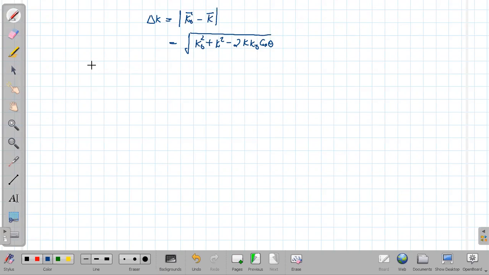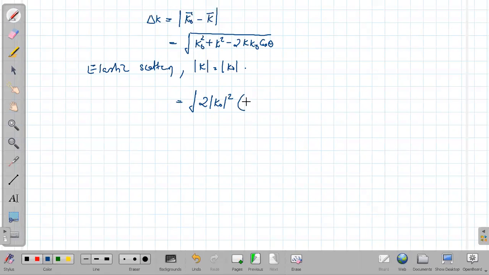Now for elastic scattering, we are assuming the scattering is elastic. So elastic scattering means the modulus of k and k0 are same. So therefore this becomes square root of 2 mod k0 square 1 minus cos theta.